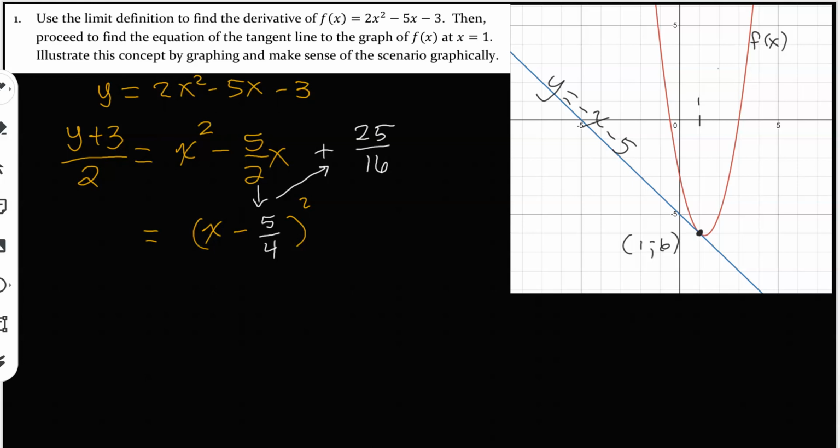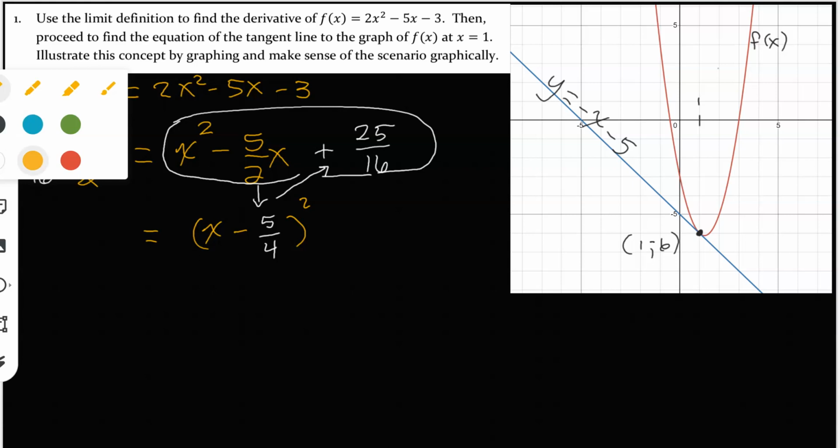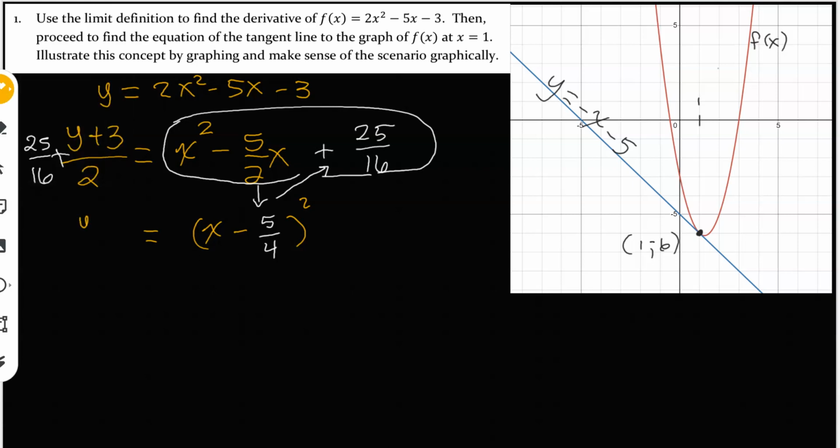I can't just add 25 over 16 on the right-hand side. I have to add 25 over 16 on the left-hand side as well. Now all of this becomes a perfect square, and that's what that line is. So now I can put things back on the left-hand side.